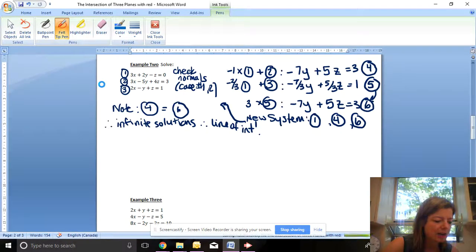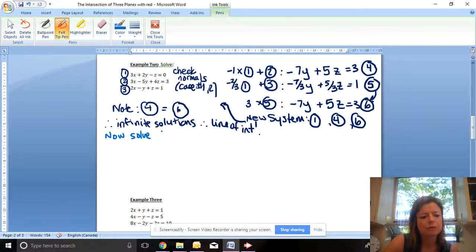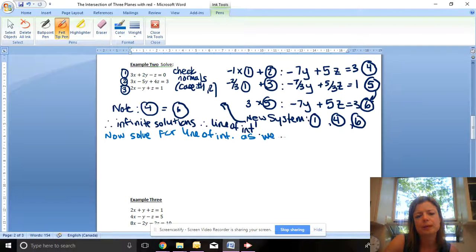So now the question is, how do we actually find the line of intersection? Well, we're going to find the line of intersection of two planes like we did before. So, I'll write that just so you have it in your notes. So now solve for line of intersection as we did before.